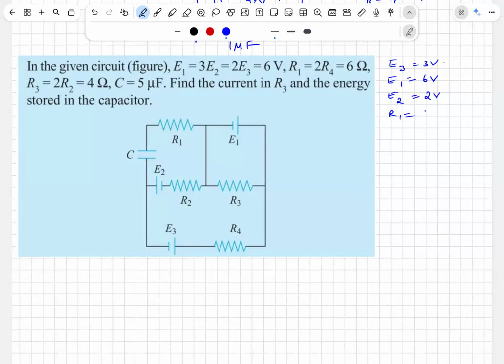R1 is 6 ohm. R4 is 3 ohm. R2 is 2 ohm. R3 is 4 ohm. And C is 5 microfarad. Find the current in R3 and the energy stored in the capacitor. Nothing is mentioned, so we will assume that this is in steady state.